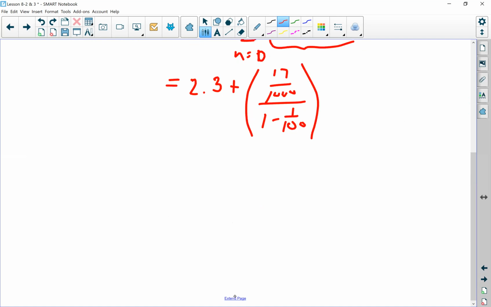Okay, so I still have, for that geometric series, A divided by 1 minus R. And 1 minus 1 over 100, I believe, is 99 over 100.